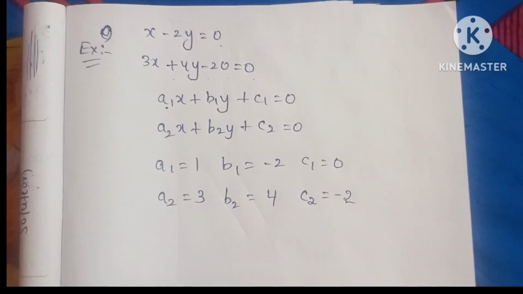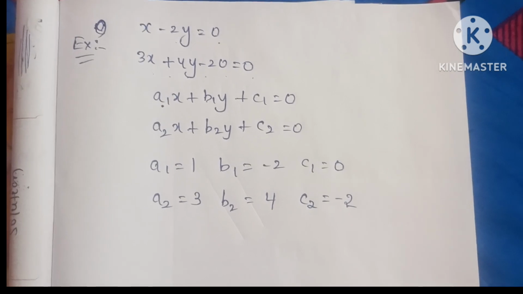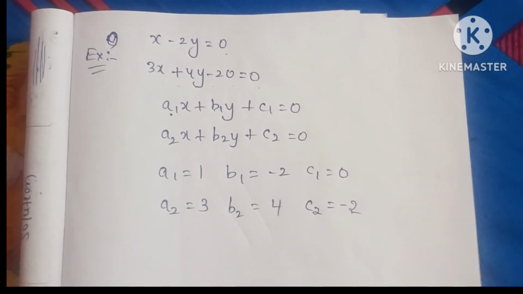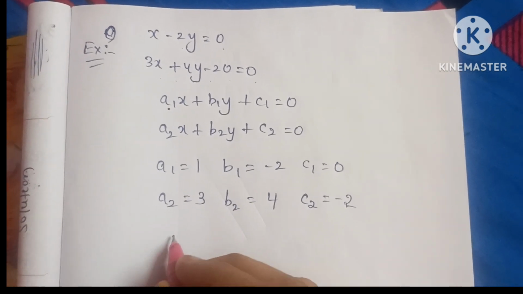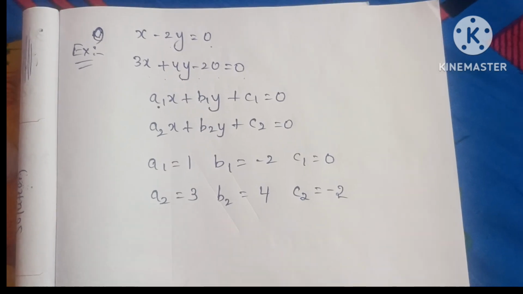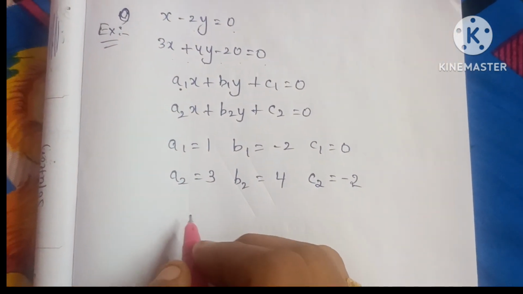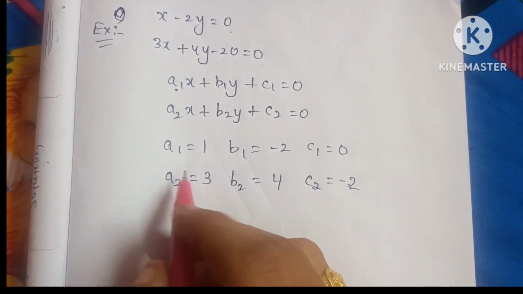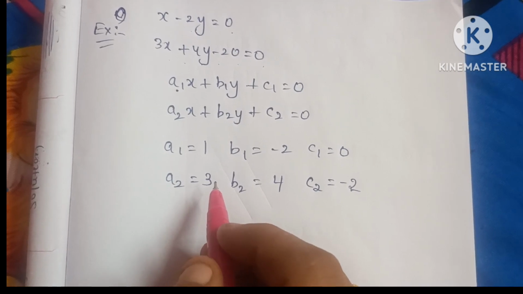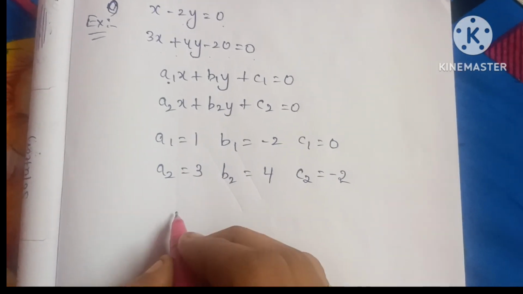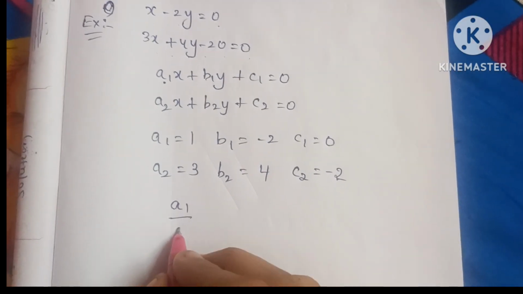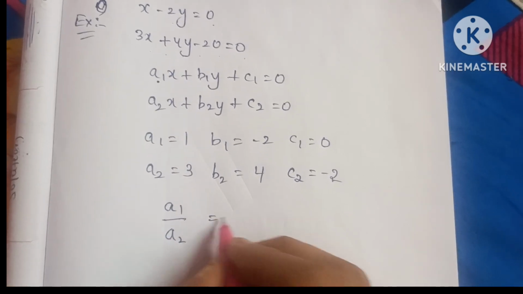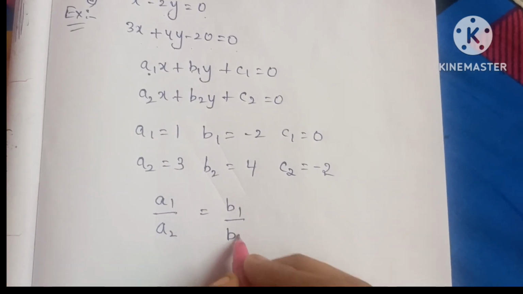What is in the first case? Look here at the ratio. These are the two pairs of linear equations for the graphical method. What is that? a1 by a2 and b1 by b2.